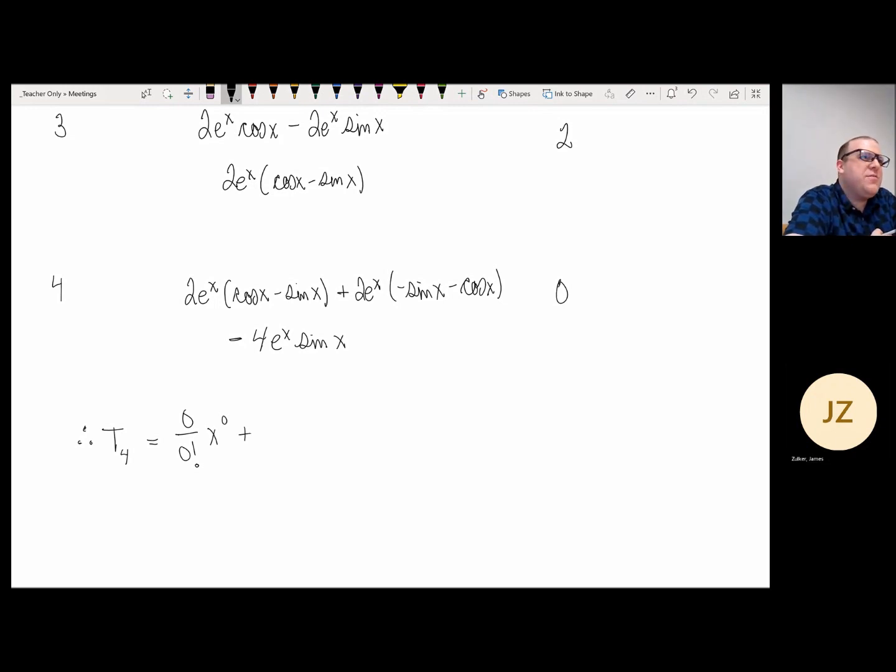Remember, it's the nth derivative over n factorial times x to the n. It was 2.